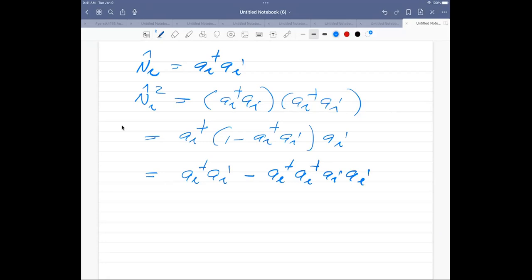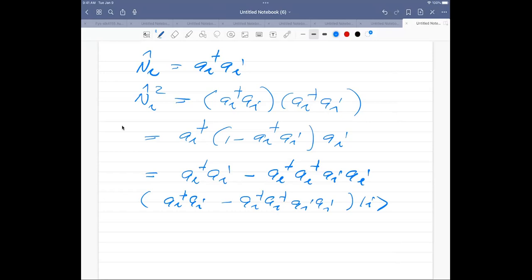If we now operate with this on a specific state, which we could call a state i, where i is one of the possible particles in there, then the last term is going to give us 0. And the only term which is going to survive here is actually this first term.